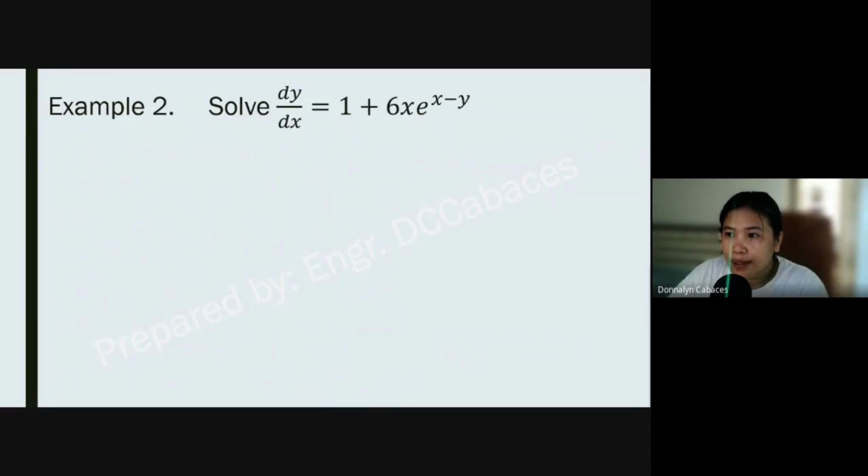Now we go to the next sample problem. Solve the derivative of y with respect to x is equal to 1 plus 6x times e to the x minus y.